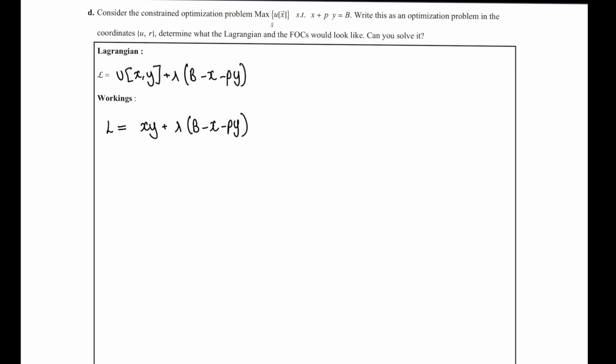But they want to write this optimization problem in the coordinates of u and r.